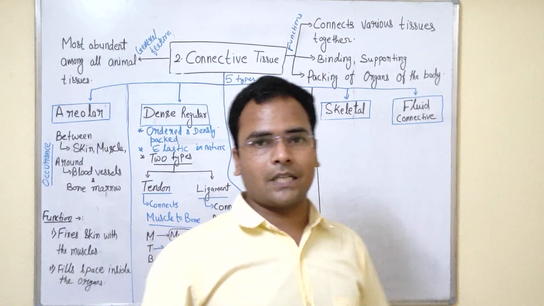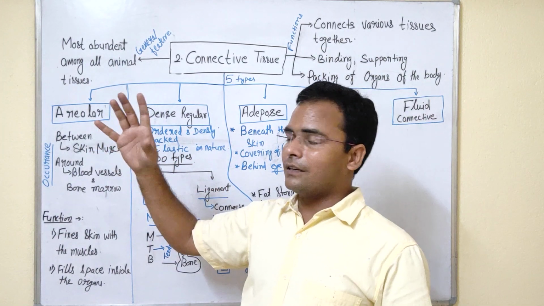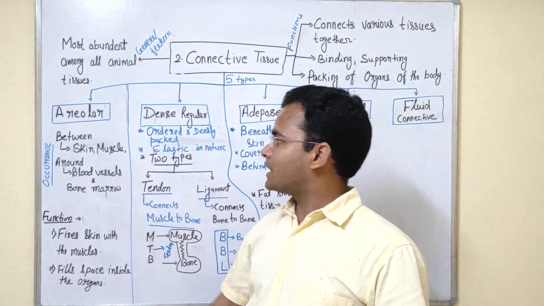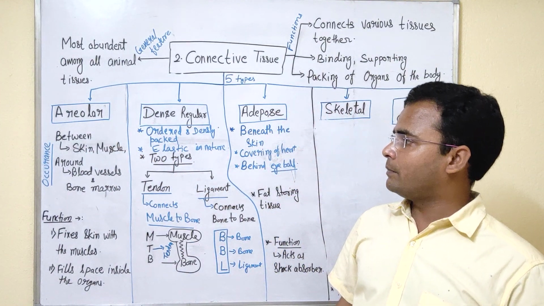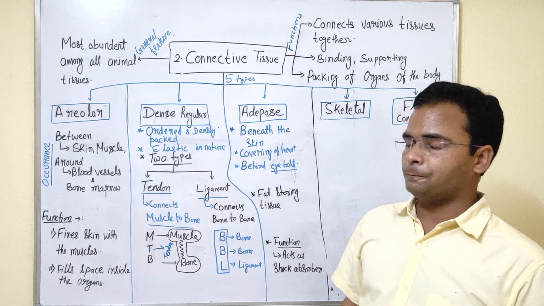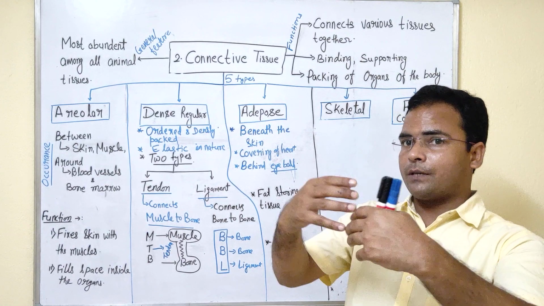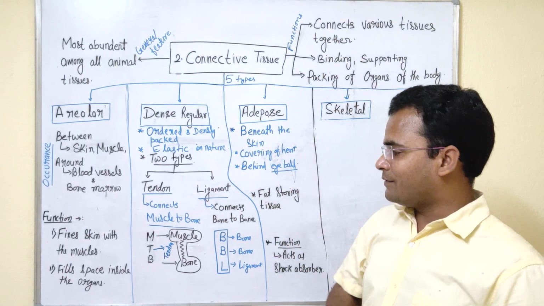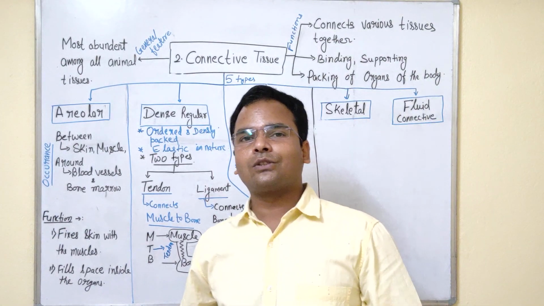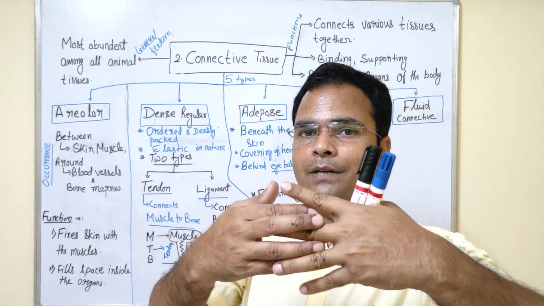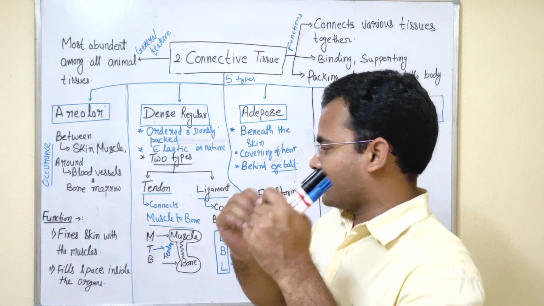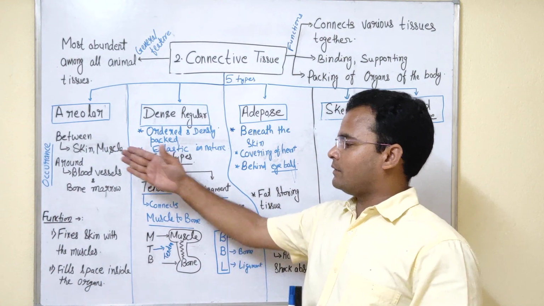Since it is present in between or around, so what should be the function? Of course, its function should be to fill the gap between the tissues or the cells or the organs. So it helps in filling the gaps.